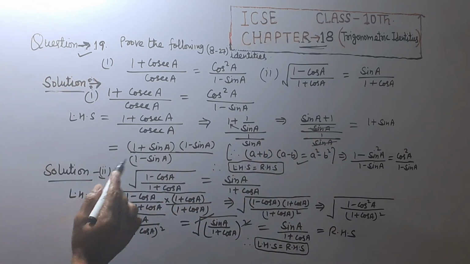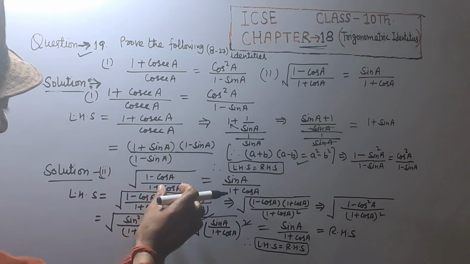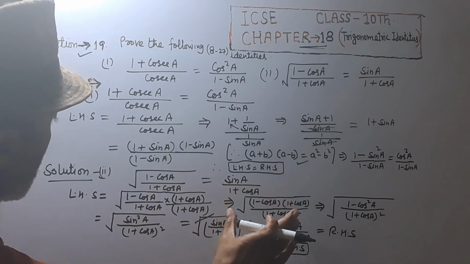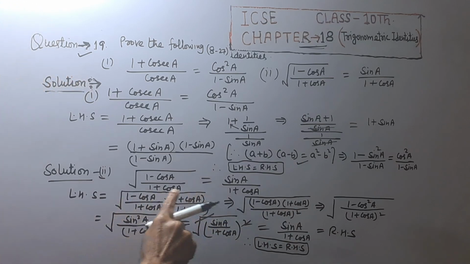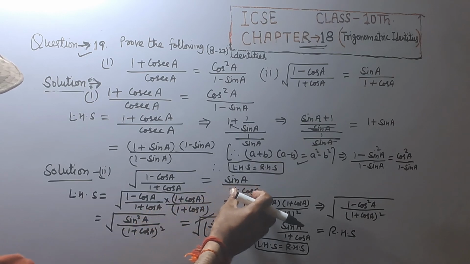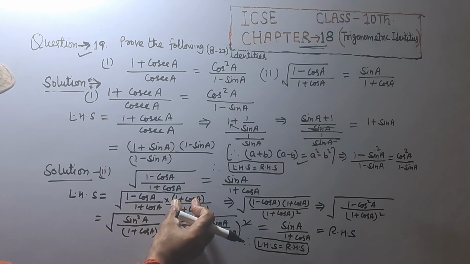And the solution of the second part, given under root 1 minus cos A upon 1 plus cos A is equal to sin A upon 1 plus cos A. Taking the left hand side, under root 1 minus cos A upon 1 plus cos A, the denominator is 1 plus cos A, so we are rationalizing, 1 plus cos A, 1 plus cos A, both sides, numerator and denominator.